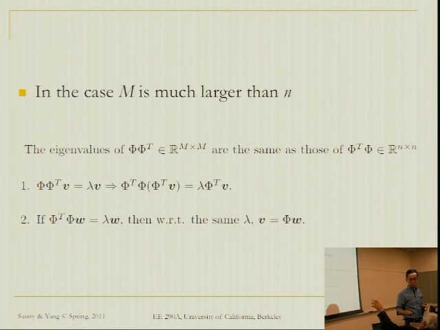Of course, you know the rank of phi transpose phi is the minimum of m or n. And so the discrepancy between the two numbers are zero eigenvalues. So the difference between solving the two eigenvalue problems, because they have different dimensions, are all zero. Okay.